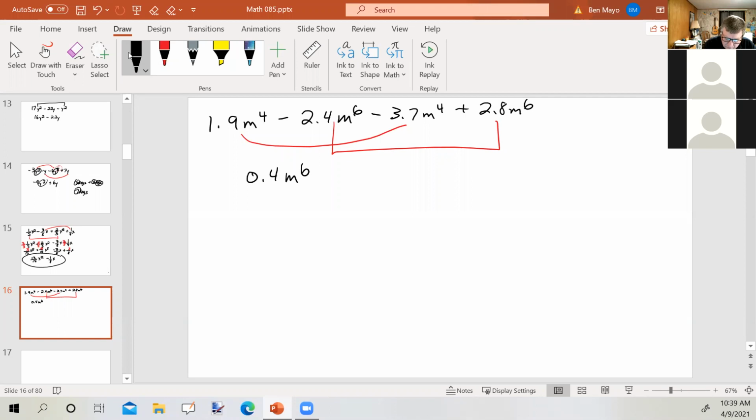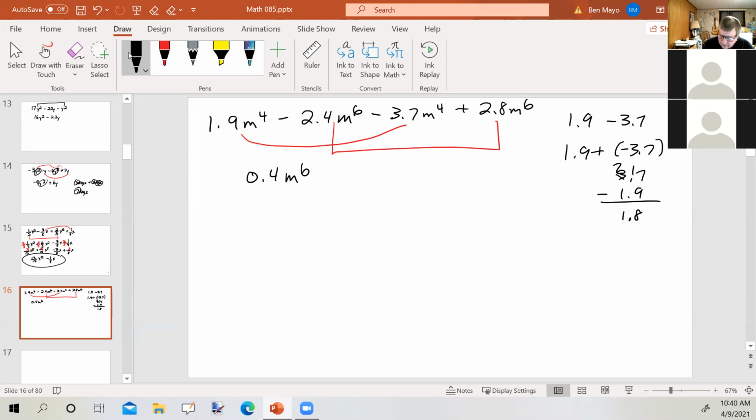1.9 m to the 4th minus 3.7 m to the 4th. So we've got 1.9 minus 3.7. So the process you go through, if you're doing this without a calculator, you say subtracting a number is the same as adding its opposite. Adding two numbers with different signs, you subtract the smaller absolute value from the larger absolute value.